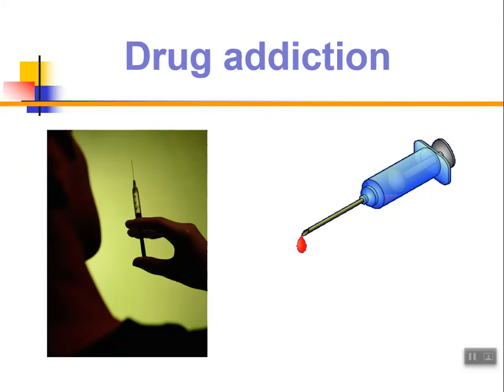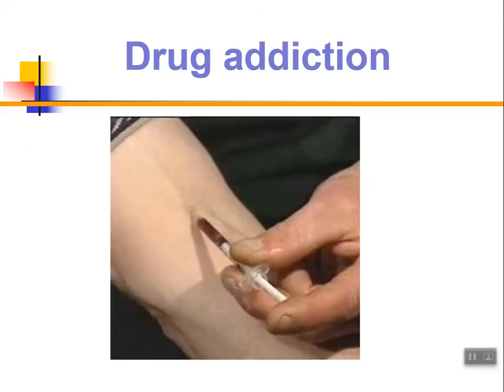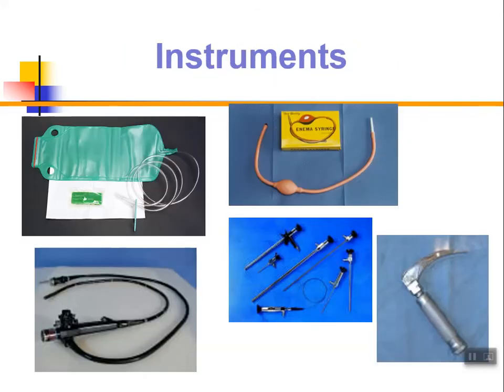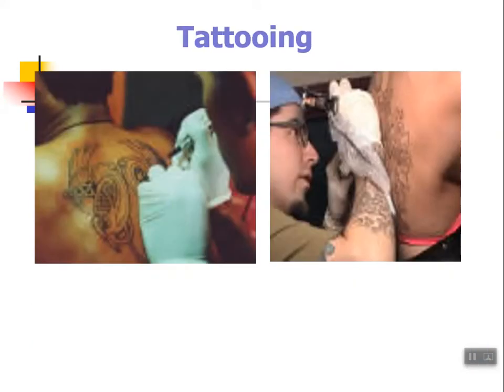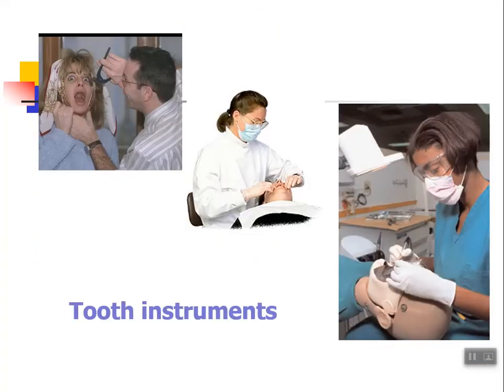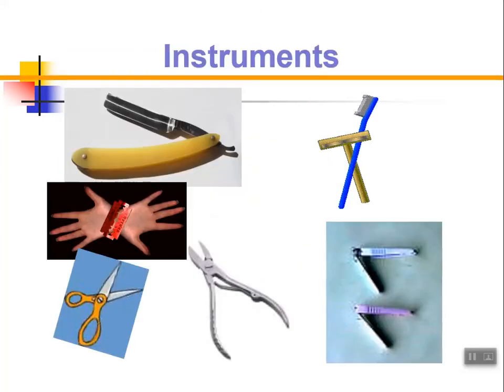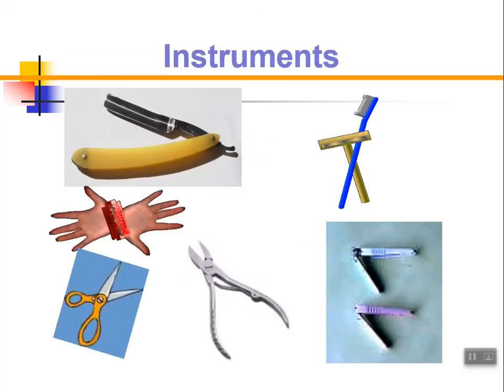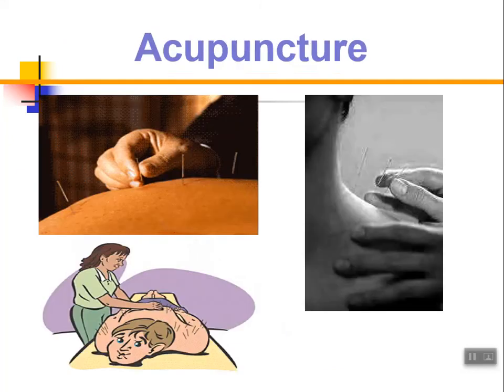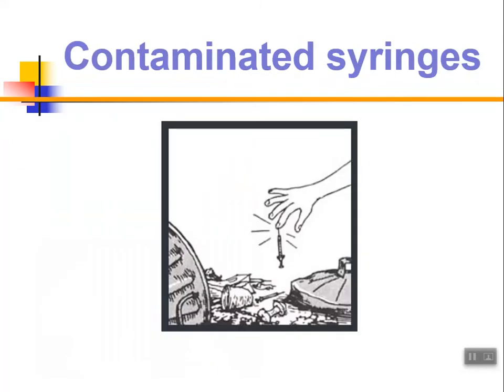These are the accused modes of transmission. Mostly it is the personnel of hemodialysis, not the machine, who may transmit infection. Personal items, acupuncture, and contaminated syringe.